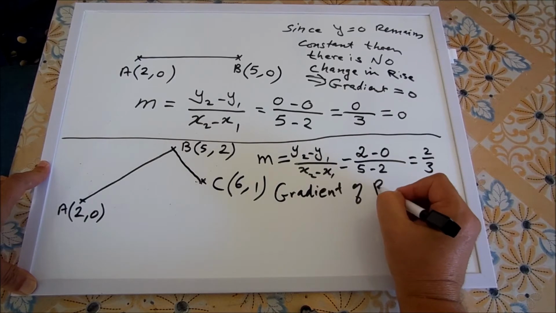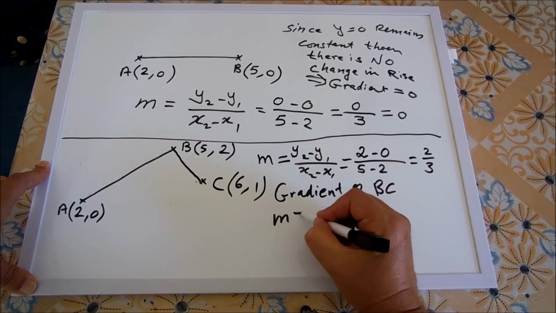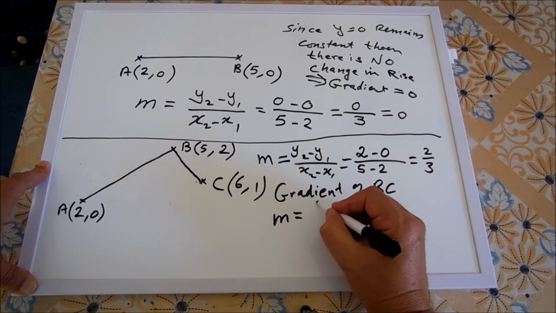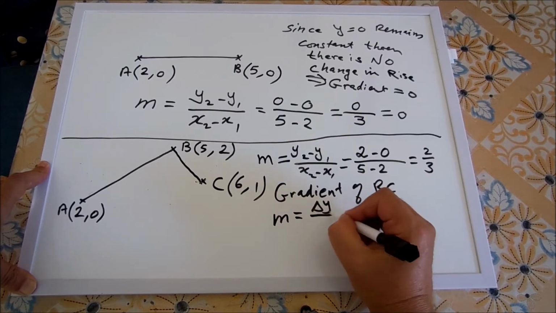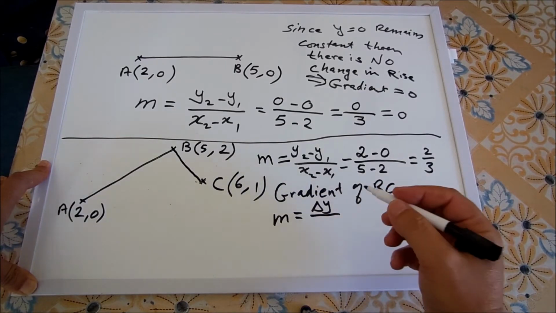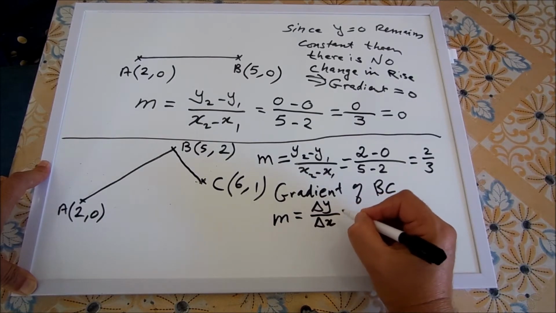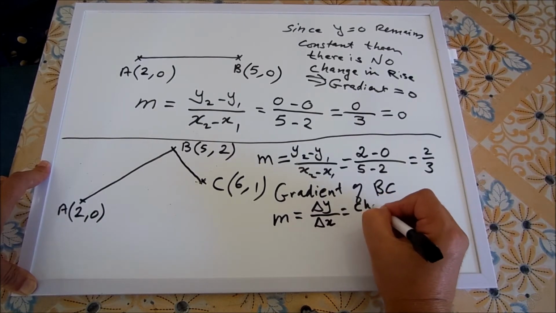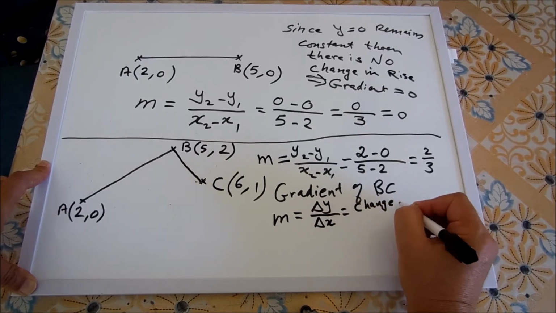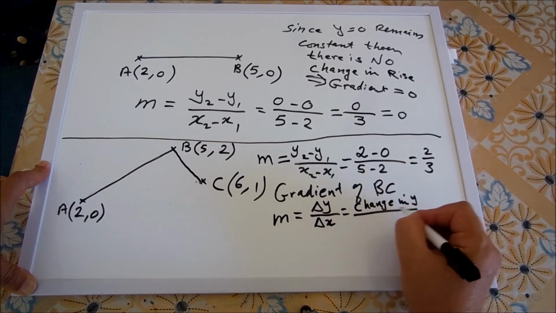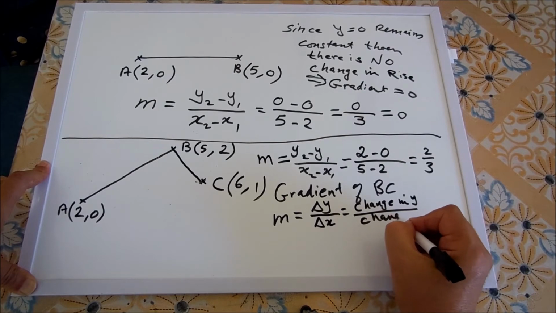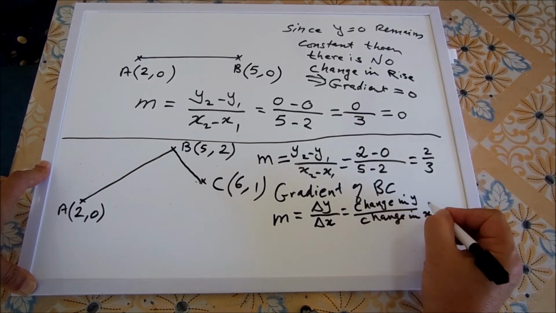So the gradient of BC, m, equals change in y. Sometimes we use the word change in y like this triangle delta. This represents a change in y over change in x, or rise over run.